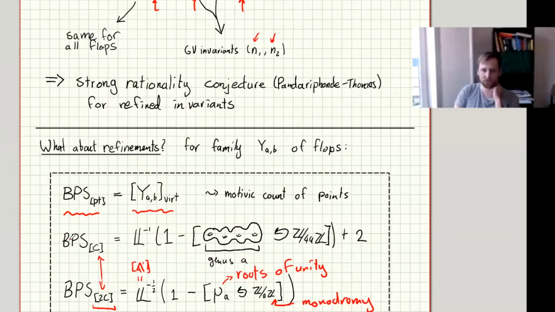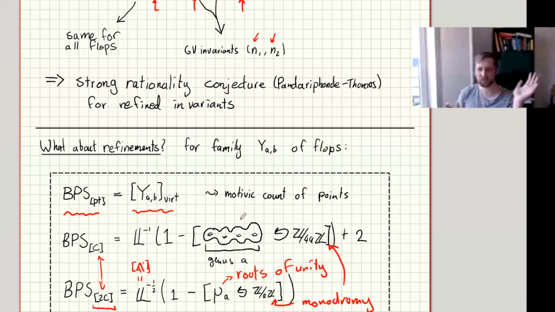What's more interesting is the counts for the rank 1 curves, which also have this monodromy, but it acts now on some sort of genus A curve, so some actual geometric object which has a non-trivial Hodge structure with some sort of action on the middle part of it, right?